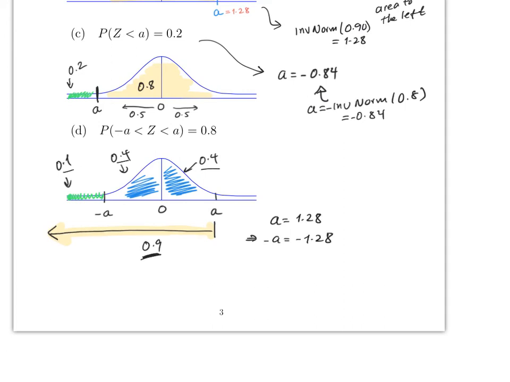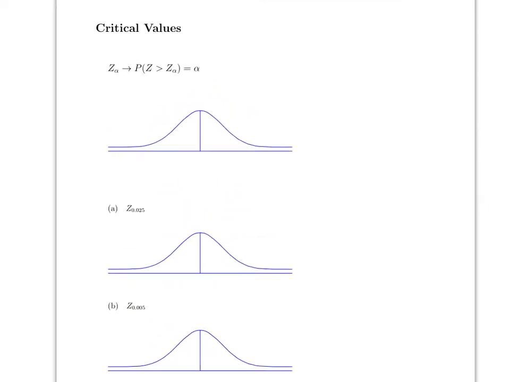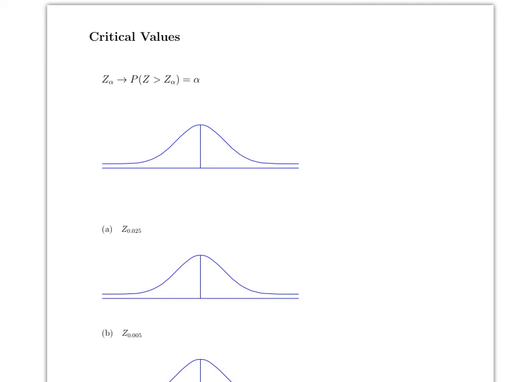And that's it. The last thing we do in this section is called critical values. Technically, we did this already. This is going to be 100% like the first example we did on the last page, like this one. It's exactly the same thing.